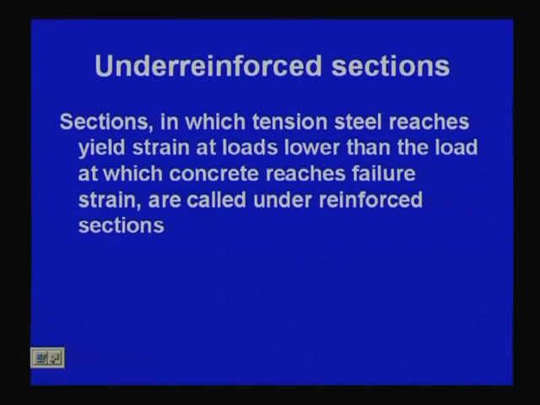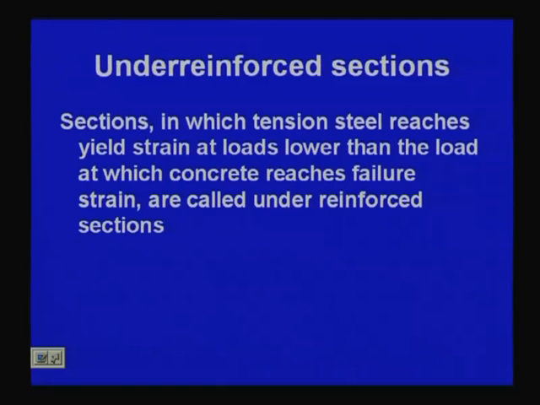Similarly, we have under reinforced section, and which is preferable, we always prefer this one. So, sections in which tension steel reaches yield strain at loads lower than the load at which concrete reaches failure strain are called under reinforced sections.